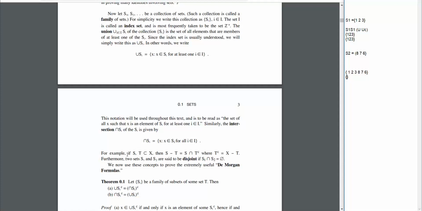But let's understand this. You have S, then we have T as a subset of X. Then S minus T, according to the rule, equals S intersection with T complement, where T complement equals X minus T.